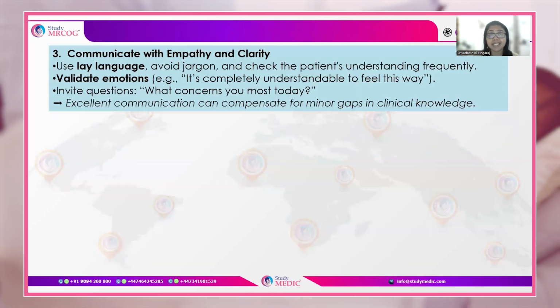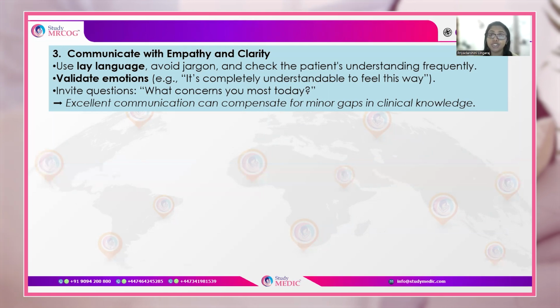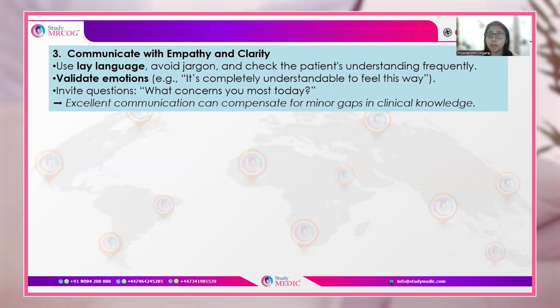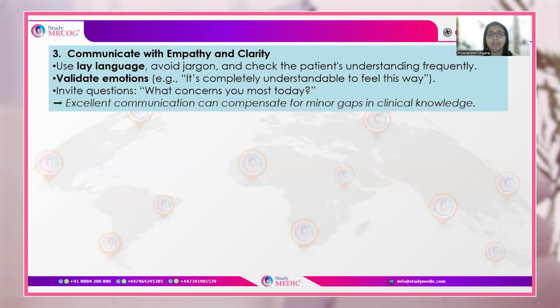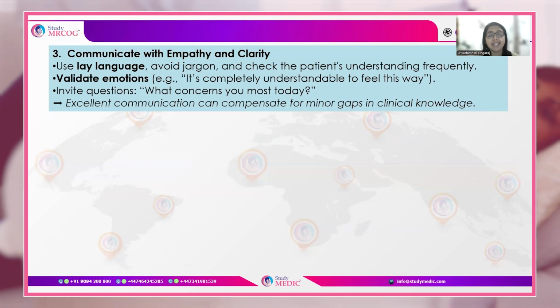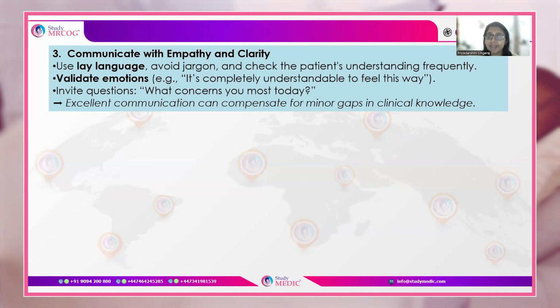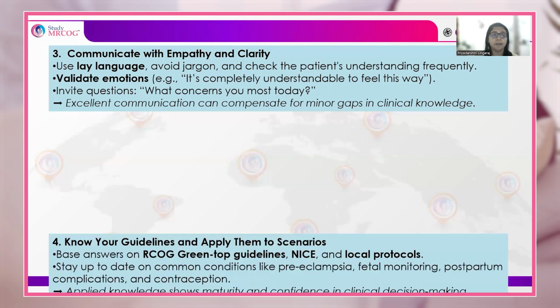Going on next is empathy. Always show adequate empathy towards your role player. It's not that you have to apologize multiple times, but whenever you need to acknowledge a sorrow, or acknowledge something, use that. Validate her emotions. This is a very vital point that can help you clear the station.